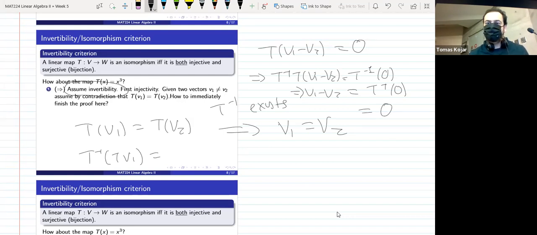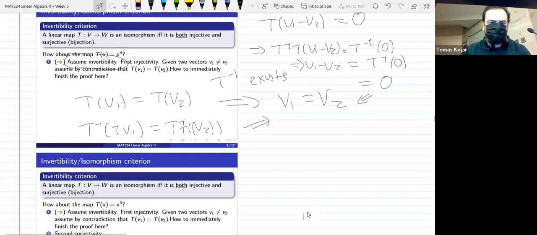So you get this. But you could just do it here. You just take both sides, and you get this. But we'll come back to your proof for the other direction. Any questions?